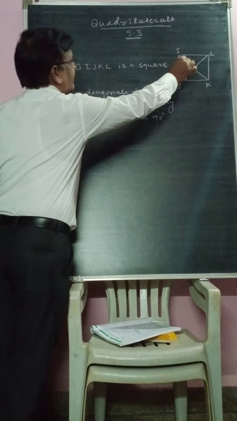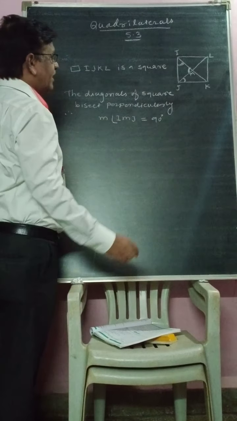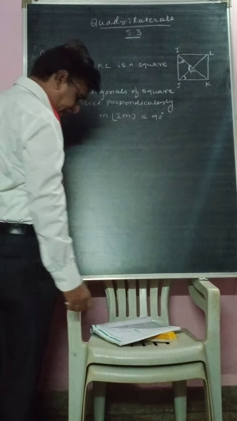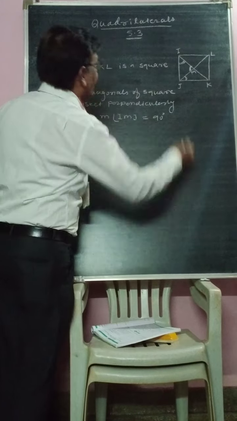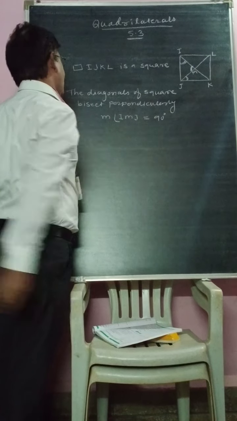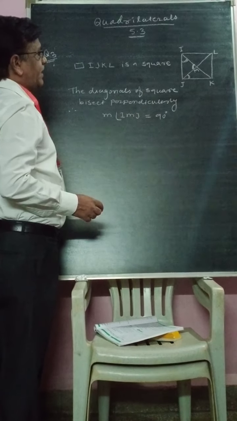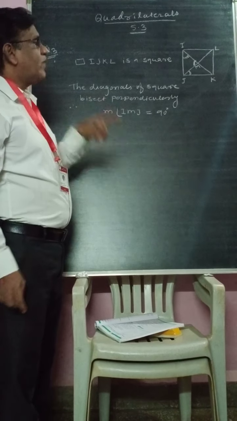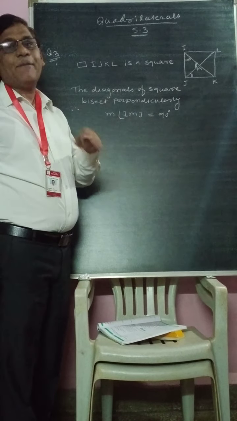Now you have to find this angle, angle KIJ. Second is angle JIK or KIJ. So we know that the diagonals of a square bisect opposite angles.